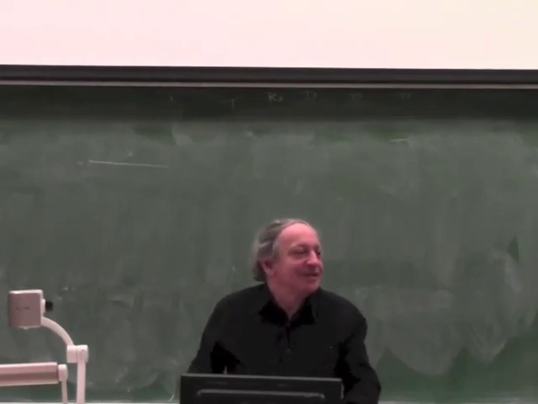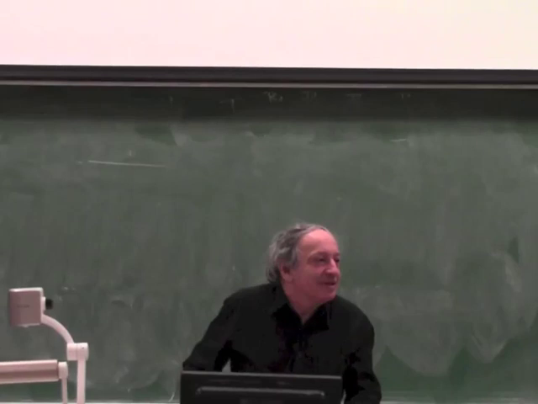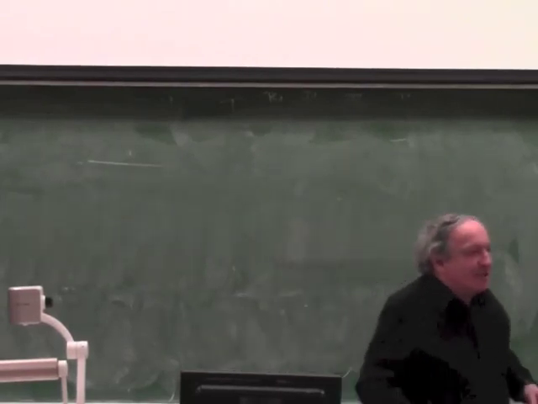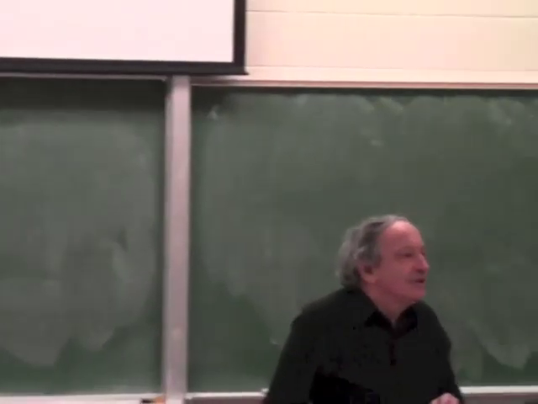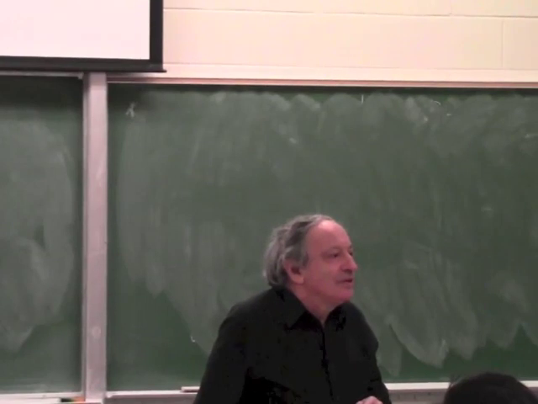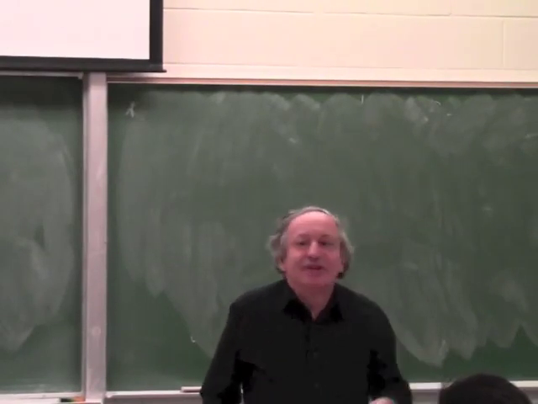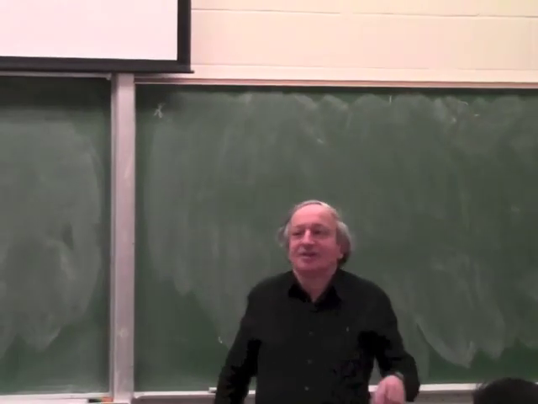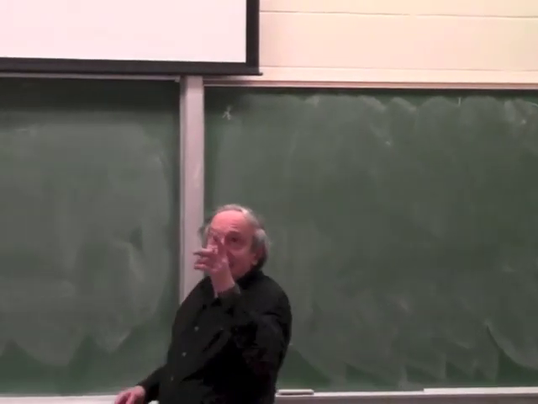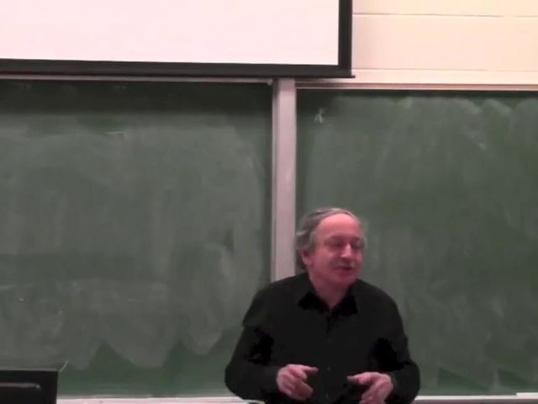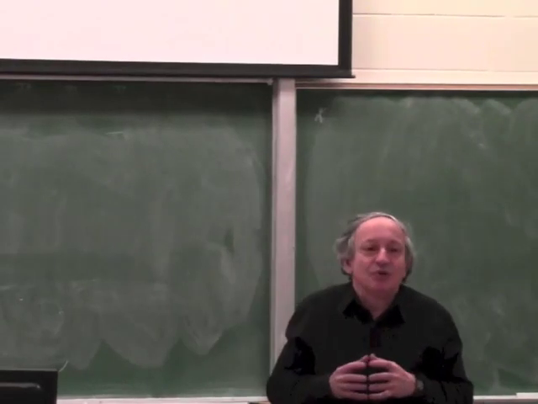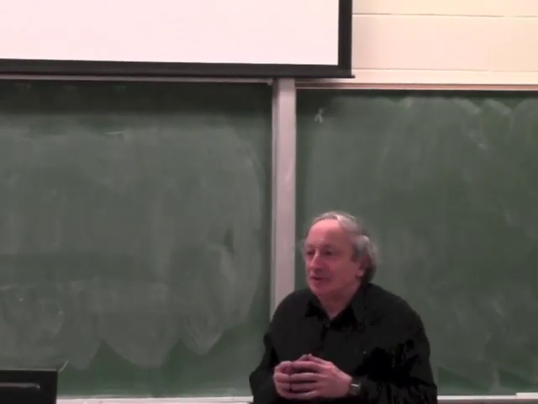Yes? Sorry, I couldn't hear you. The DMD they use for projectors. Mirrors, very good, very good. In this projector, there is most likely, as most big projectors have, a device called a digital mirror device, or DMD.